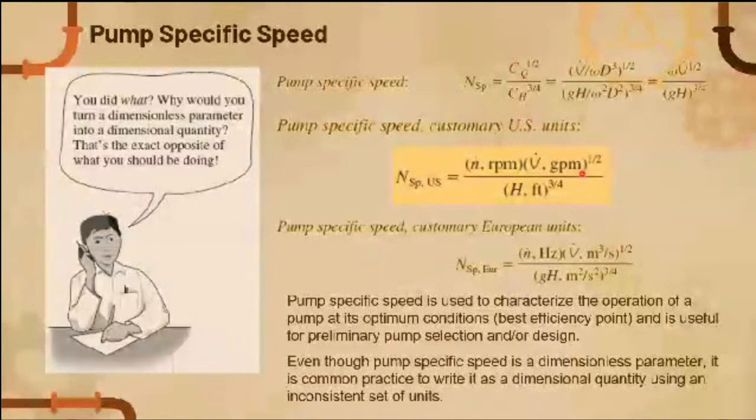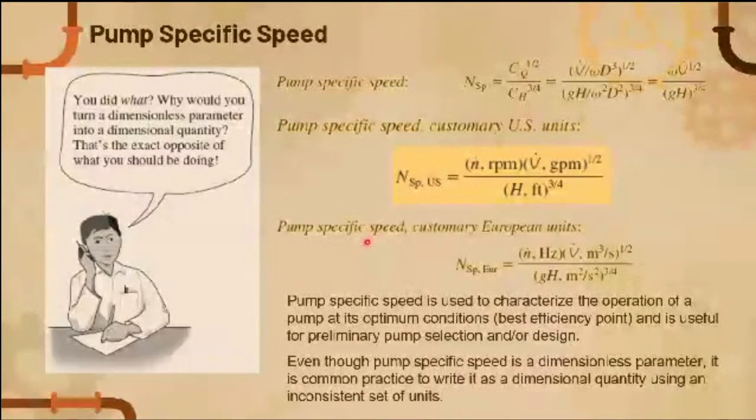When you have all these coefficients, you have the numbers, for example this one is in US units and the other one is in European units. If you have the RPM, the speed, in different units, then you will be able to use this to do the pump selection, for example if you already have a motor selection.